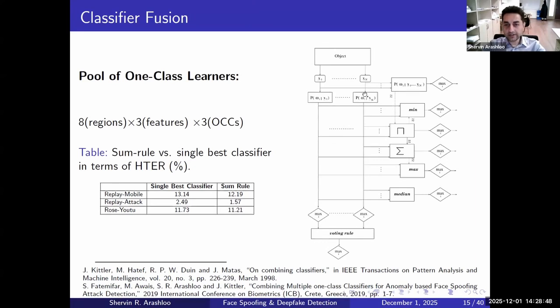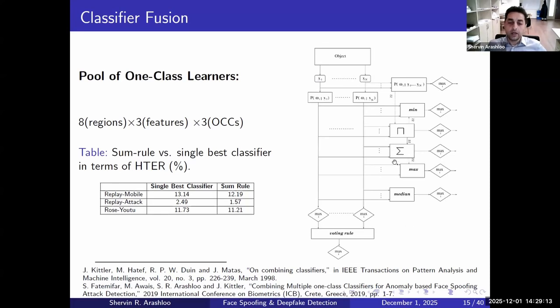This figure is the illustration of different fixed rule fusion mechanisms. I have taken it from this seminal paper on combining classifiers. There are different rules for combining classifiers, such as sum rule, max rule, median rule, minimum rule, and so on. But the most widely used is probably the sum rule.